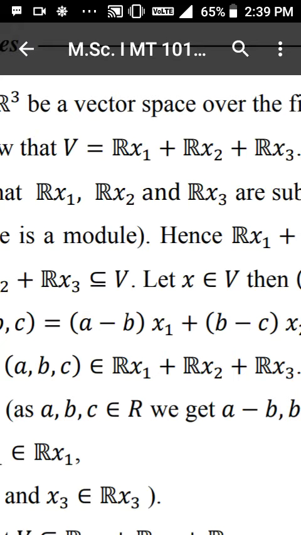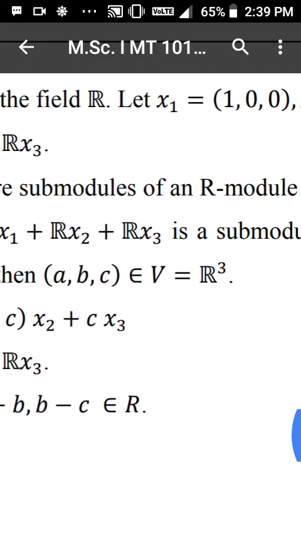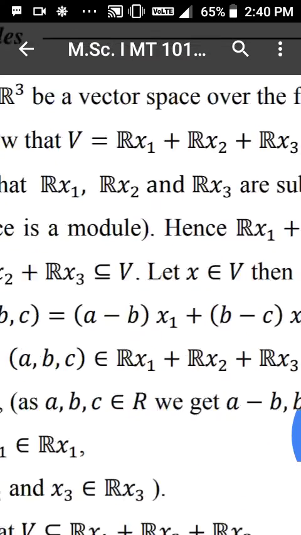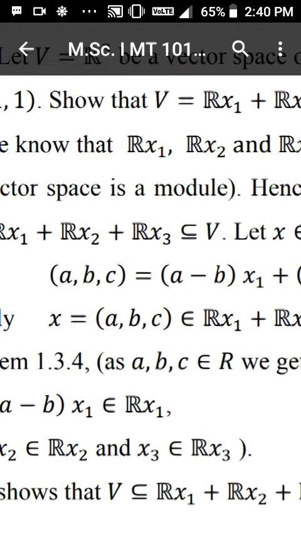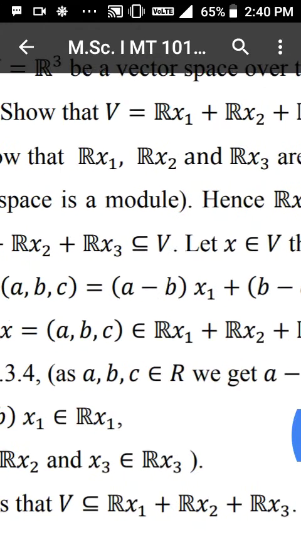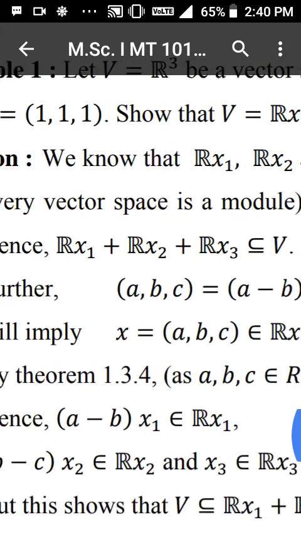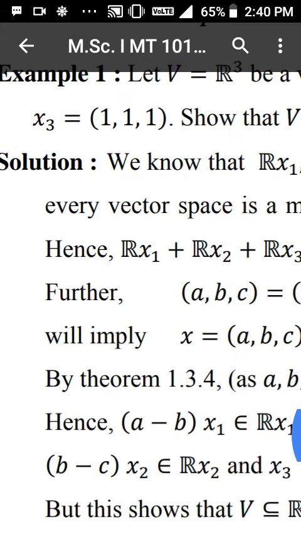Let x belong to V, then (a, b, c) belongs to V is equal to R cube. Further, the triplet (a, b, c) is equal to (a minus b) x1 plus (b minus c) x2 plus c x3. This will imply that x is equal to (a, b, c) belongs to Rx1 plus Rx2 plus Rx3.